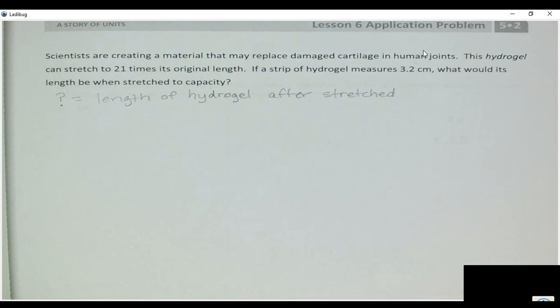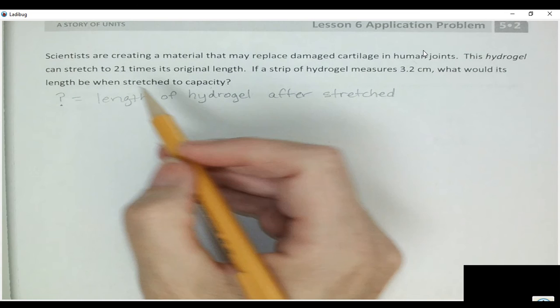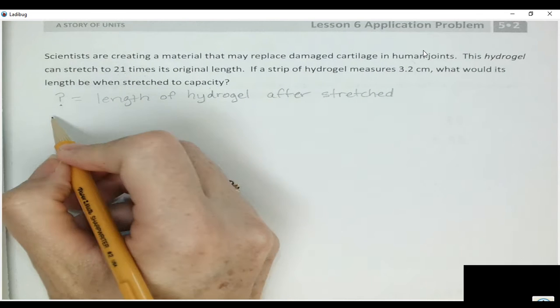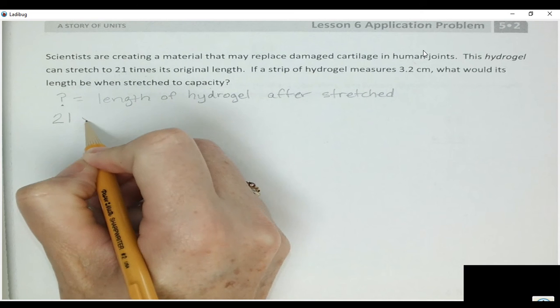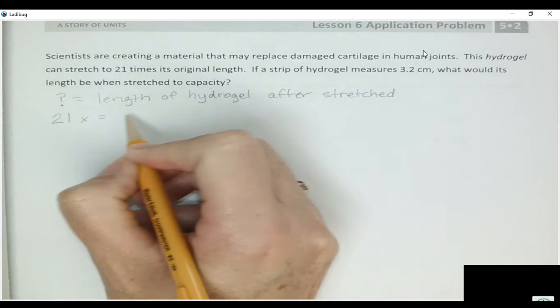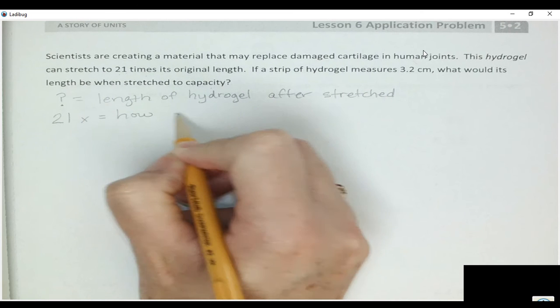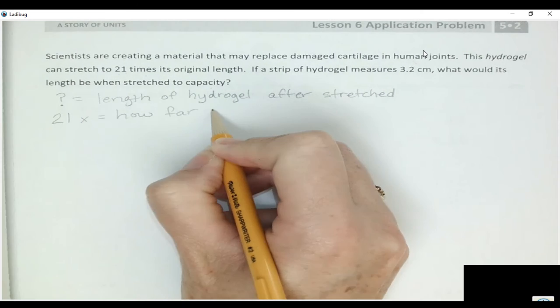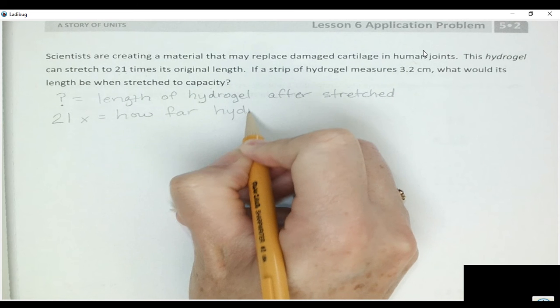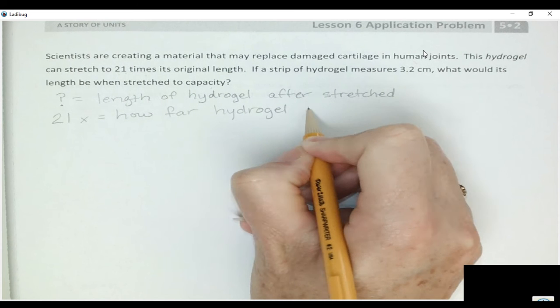What do my numbers represent? So the hydrogel can be stretched to 21 times. That's how far it can be stretched.